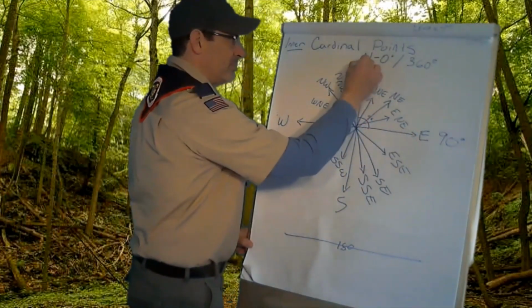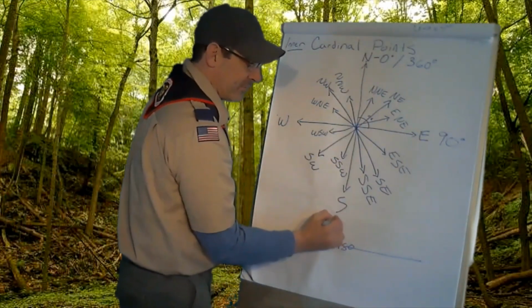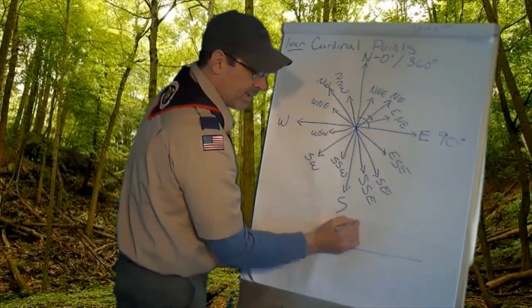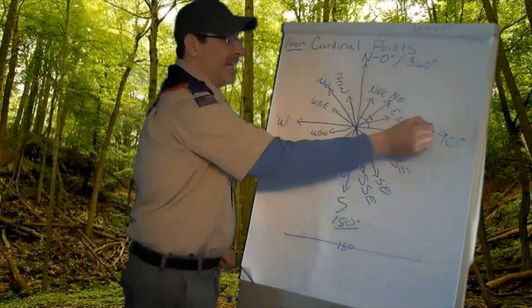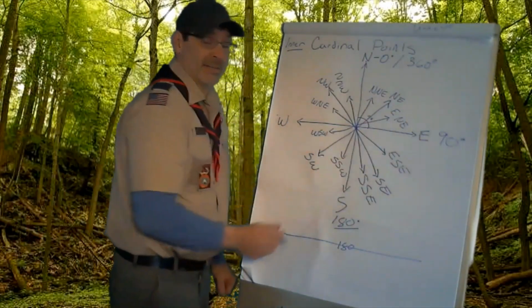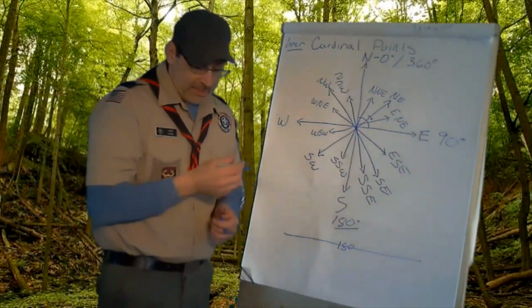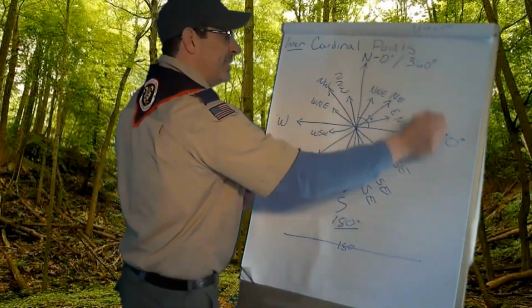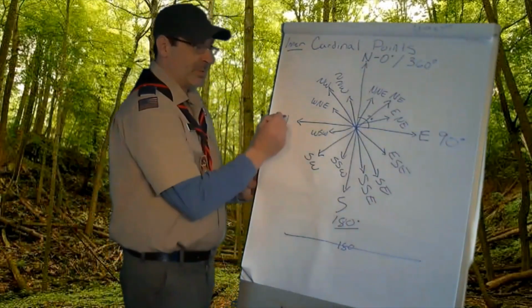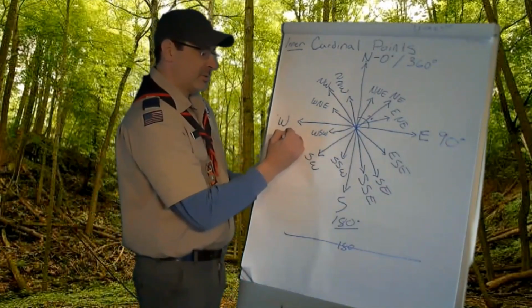Okay, so from 0 to south would be 180 degrees, right? So we just added 90 and 90, okay? So we continue traveling it around, where does it go next? So we have to add 90, 90. What if we add 90 more to that? 270 degrees, right?